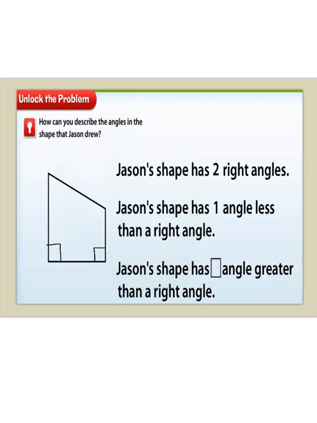This one, all the way up top, was an acute angle. We said that was smaller. Now, I wonder about this angle right here. Is this angle going to be greater than or less than a right angle? By the looks of it, that is greater than. So Jason also has one angle that is greater than a right angle.